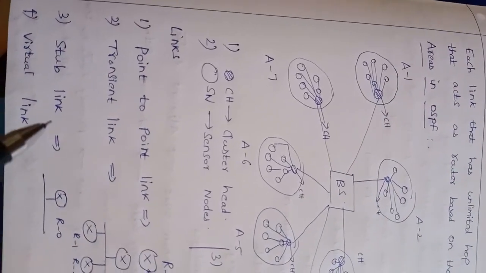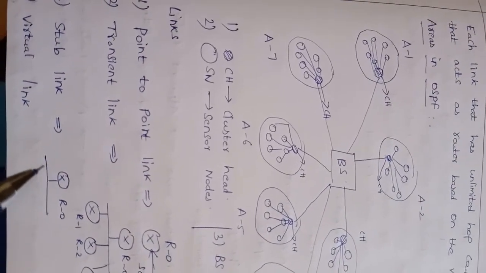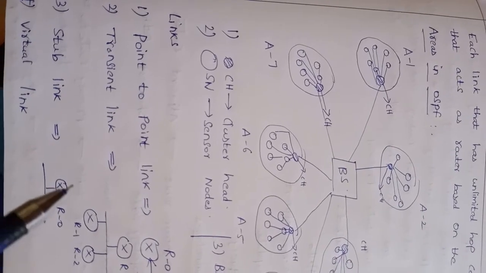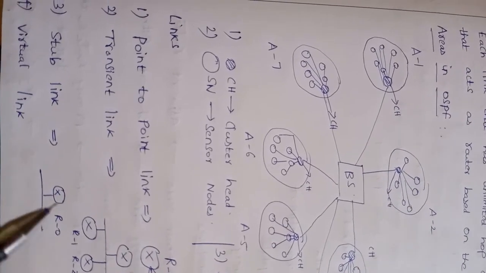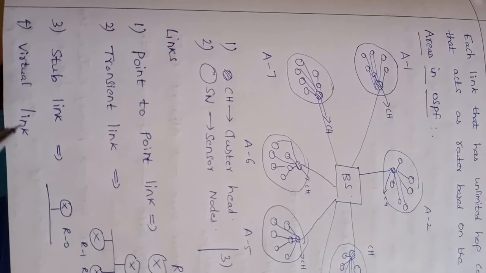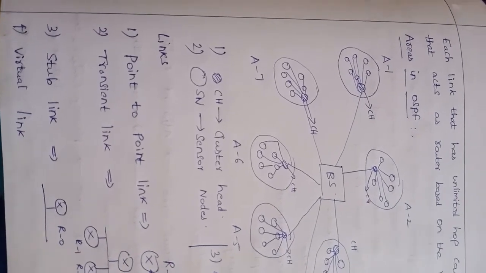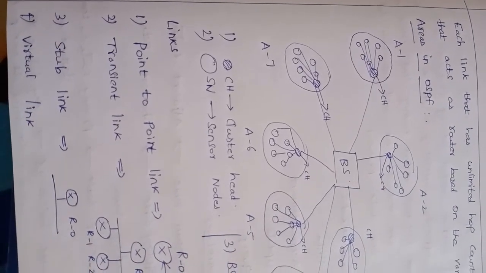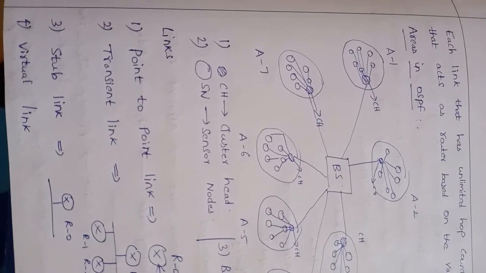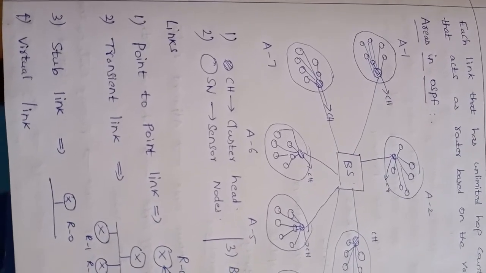Next is the stub link. Stub link means there is one link and only one router attached to that link. The last one is the virtual link. If the link between both the routers is broken, the administrator will reconnect that link.